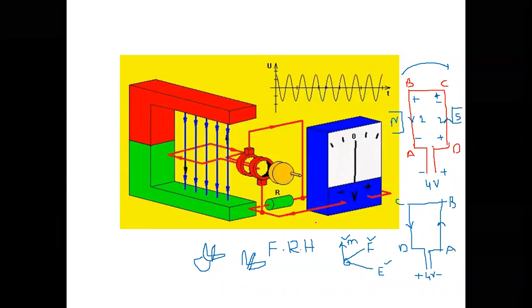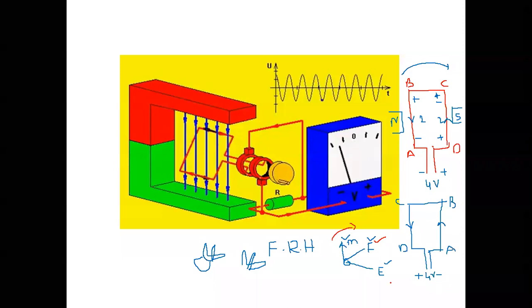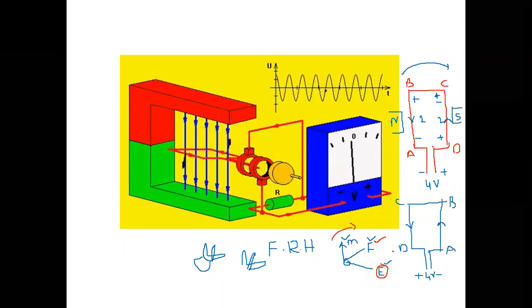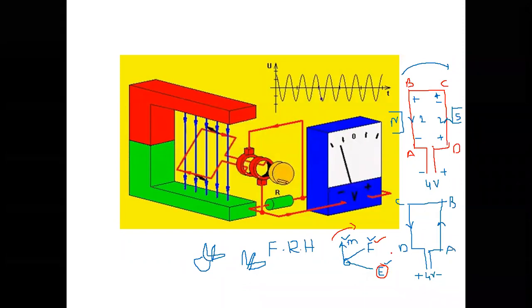If the thumb indicates the direction of rotation, for example clockwise, and the forefinger indicates the direction of flux, then the second finger indicates direction of induced EMF. So that is given by Fleming's right hand rule. Fleming's right hand rule is used in DC generator or AC generator to determine the direction of induced EMF.